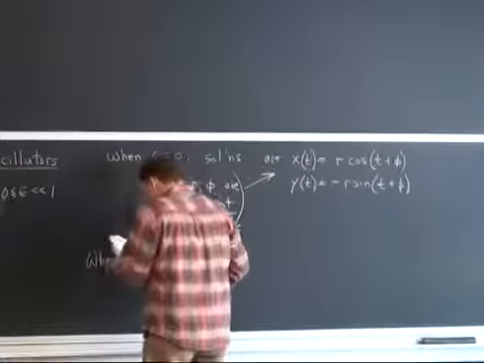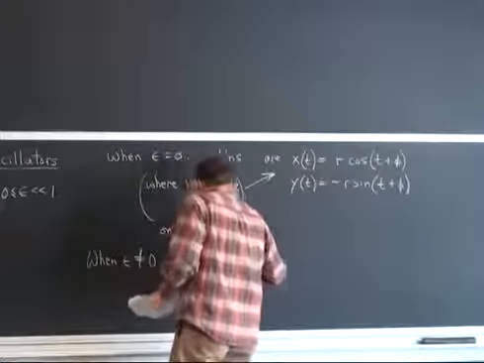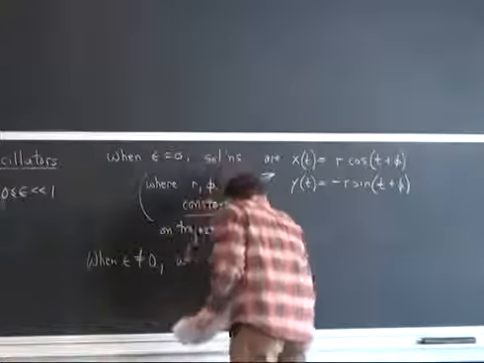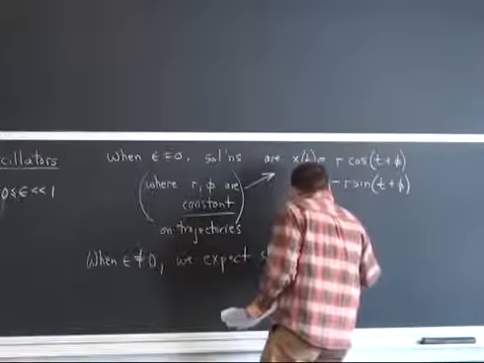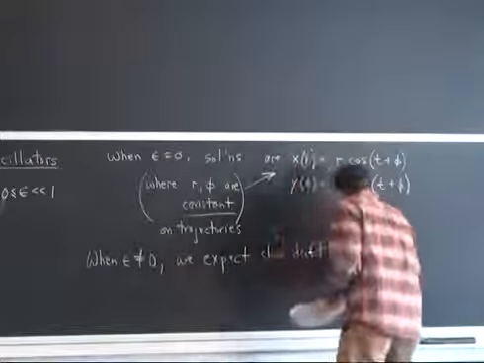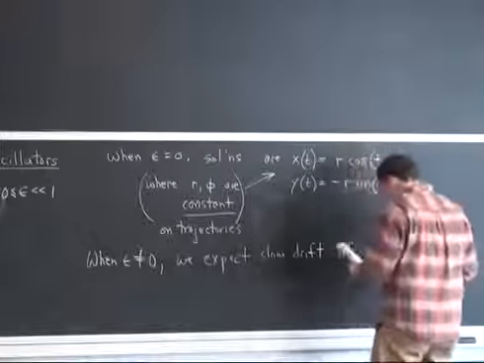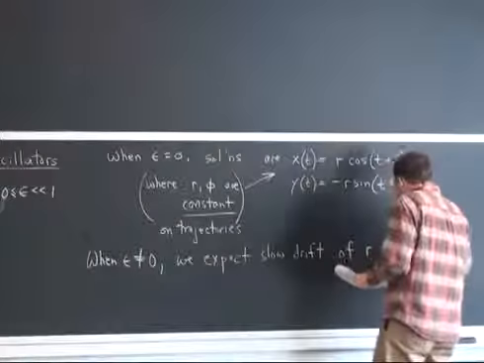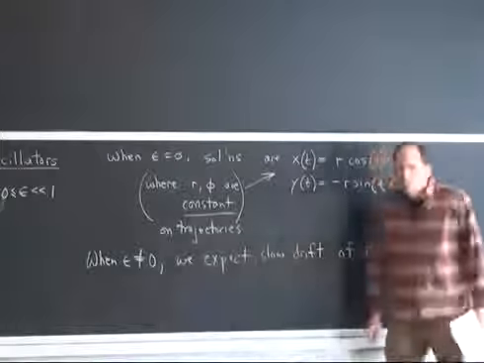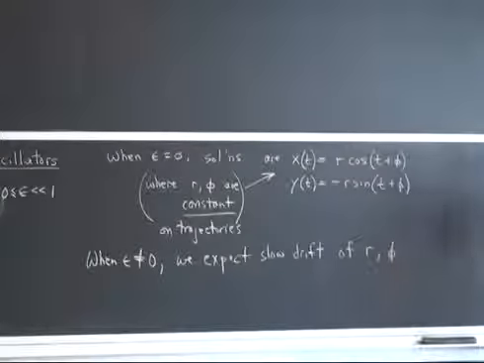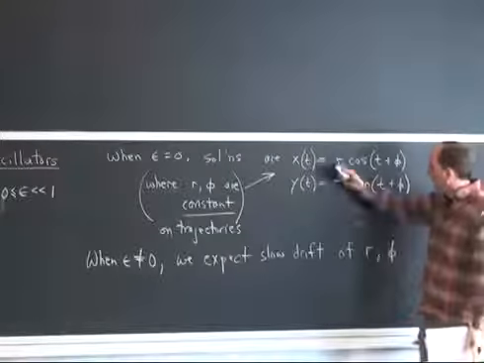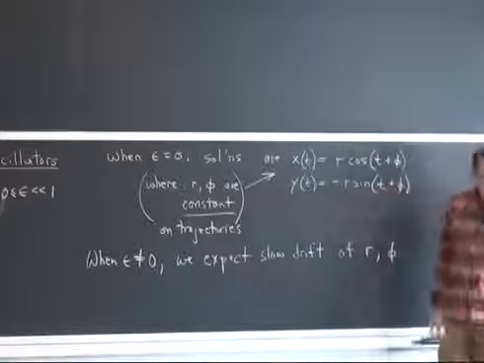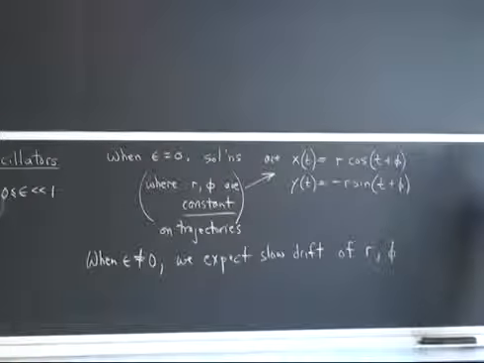When epsilon is not 0, we expect a very slow evolution or a slow drift of these quantities R and phi that were previously constant. That's going to be the effect of the small nonlinear term, the epsilon term. These constants R and phi will start to evolve. They won't be constant anymore.